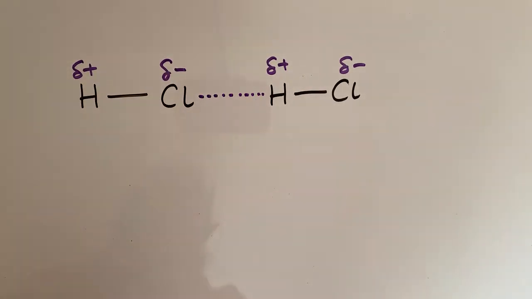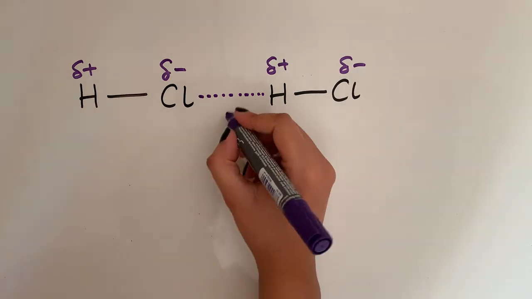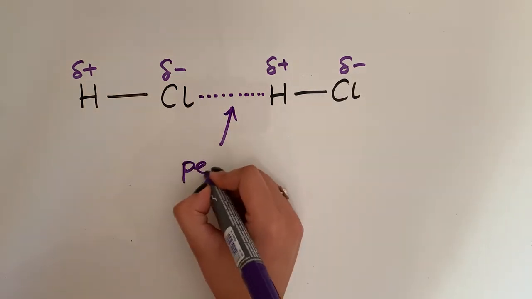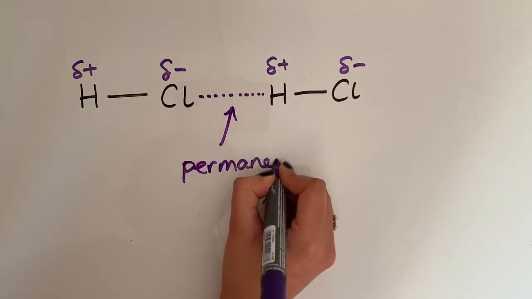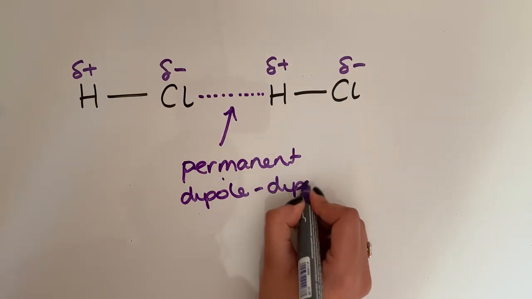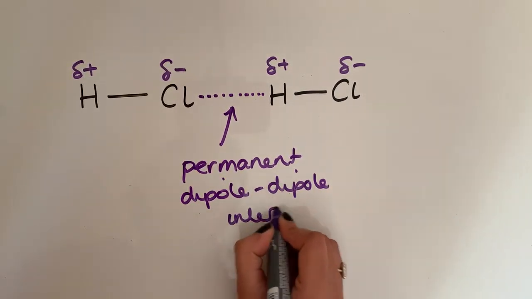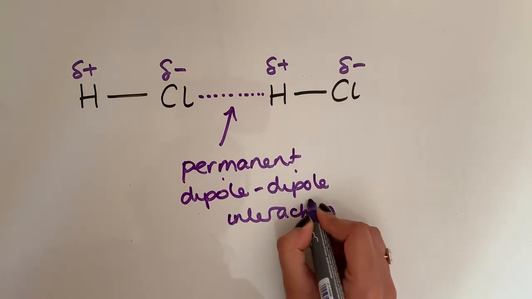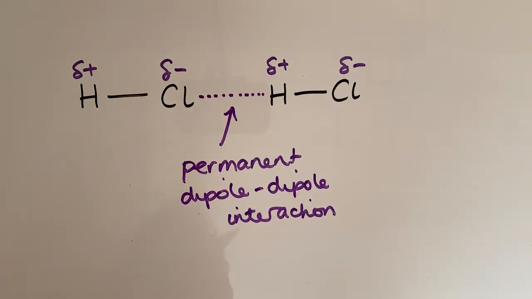There's a force of attraction between those, and this is what we call a permanent dipole-dipole interaction. So this is not an induced dipole-dipole interaction. If a molecule already has a permanent dipole, it's going to have permanent dipole-dipole interactions.